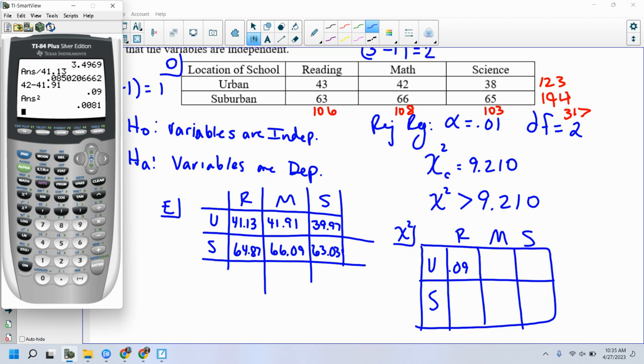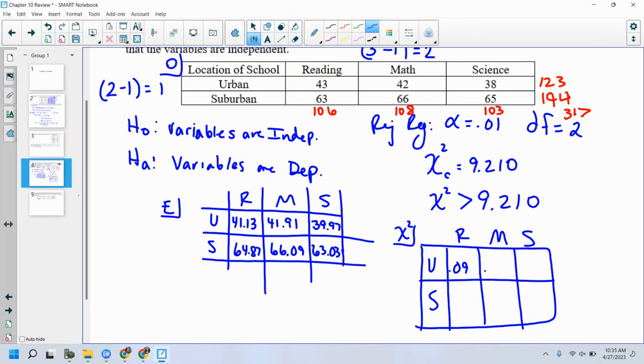Whoa, whoa, whoa. 41.91, yeah, that's going to be 0.00. Yeah, O minus E squared over E is right. There's no way we're going to get up to 9, right?